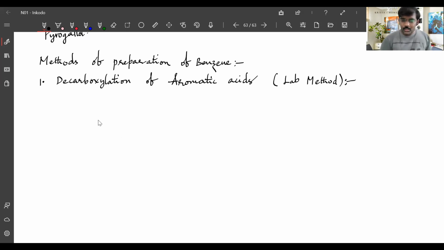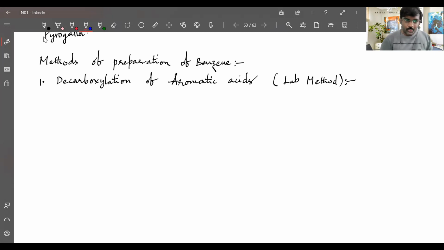Okay, and subsequent heating will remove the carbon dioxide from the carboxylic acid. So that will convert into benzene, and sodium carbonate will come. So in the name of the method, decarboxylation. Decarboxylation means removal of carbon dioxide from the molecule.